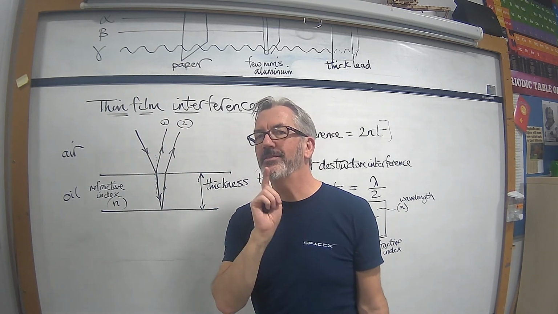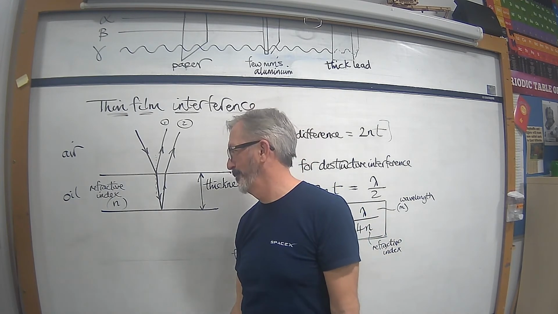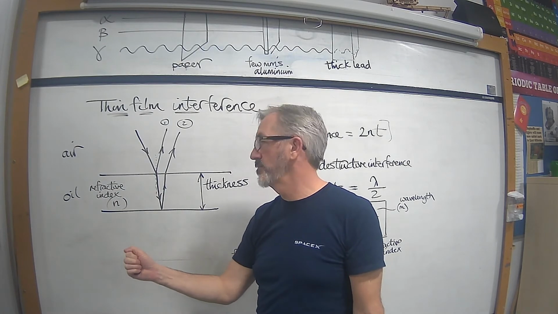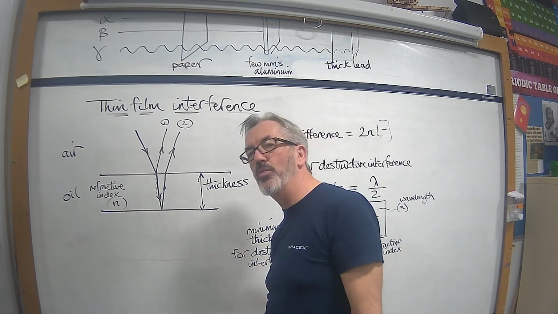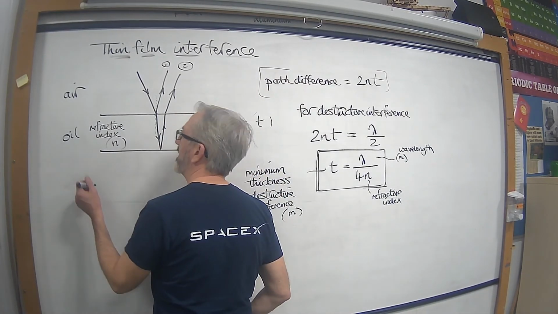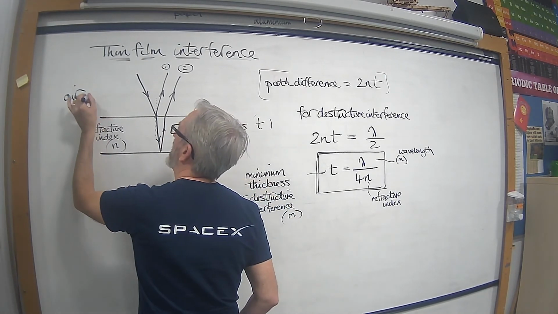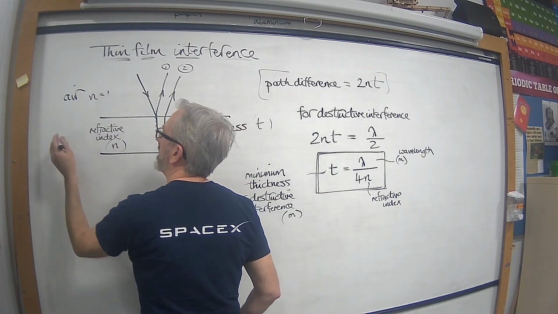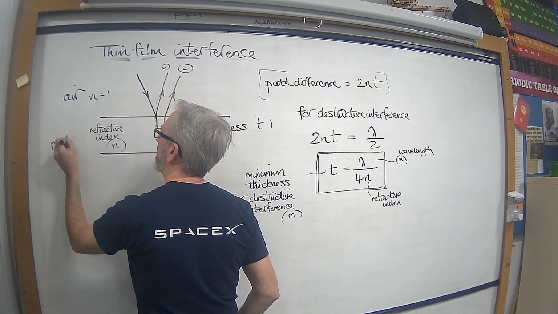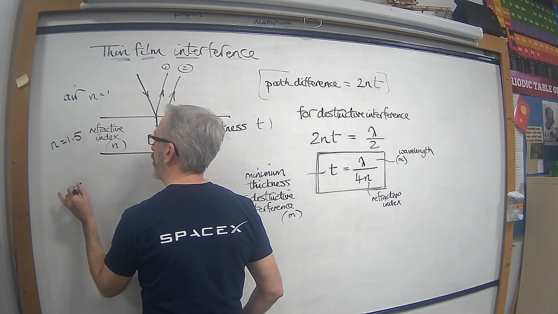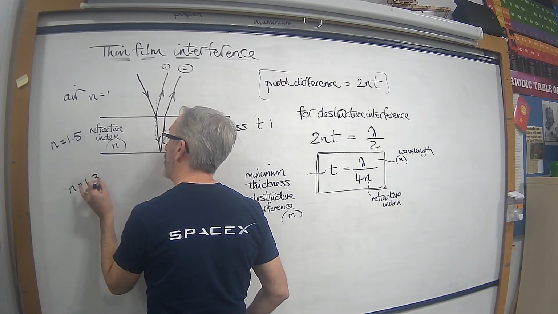Where it does cause a problem though is if this oil has a higher refractive index than water. In fact, instead of me using substances, let's put numbers on it. Air's got a refractive index of 1. Let's say we had a substance here that had a refractive index of 1.5, and we had a substance on the bottom that had a refractive index of 1.3.